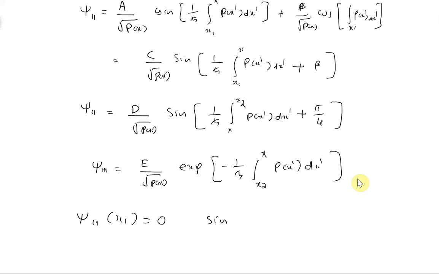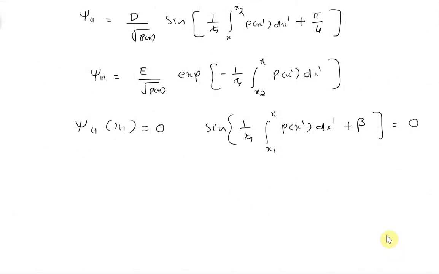Sine of an angle, that angle is 1 by h cross integral x1 to x of p of x prime dx prime plus beta, is 0. When does that happen? This angle has to be equal to, well, n pi, right?